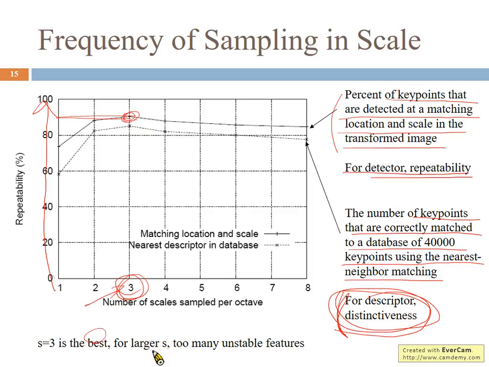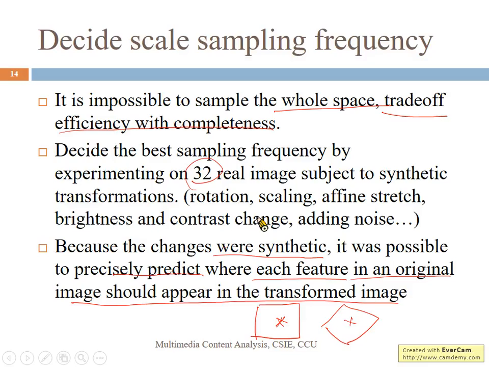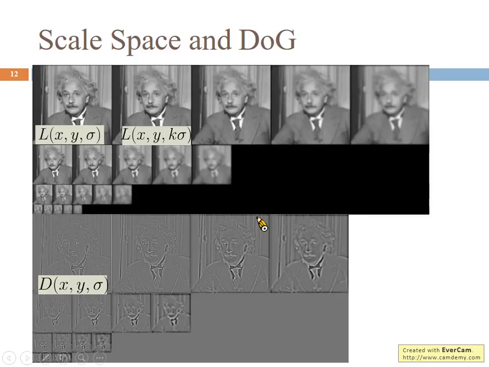According to this graph, if we set the number of scales to 3, it is the best. For larger scales, there are too many unstable features. Although when we do many scales of blur, we may detect more key points, these key points may be unstable. So finally, in this paper, they suggest we just do 3 scales of blur. Let's go back to the example here.